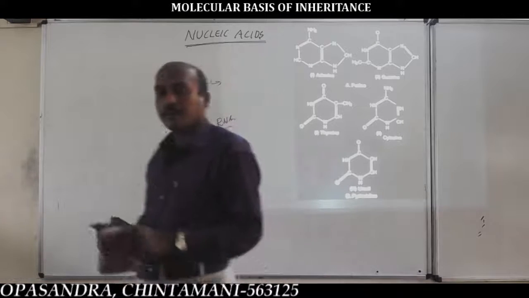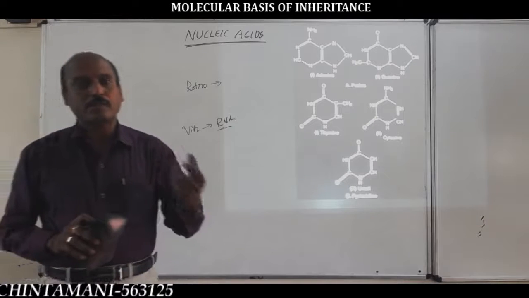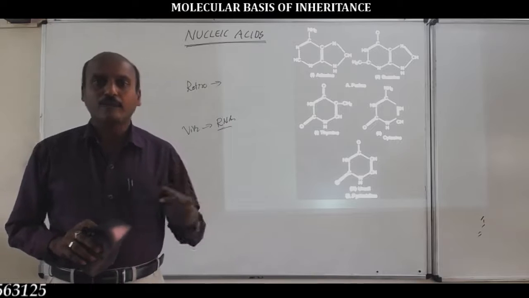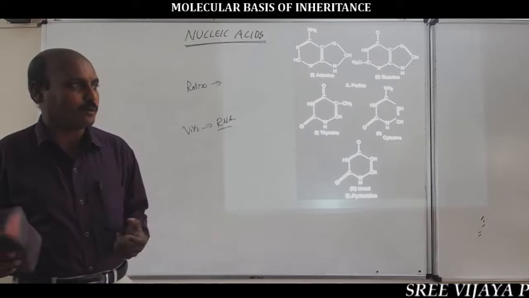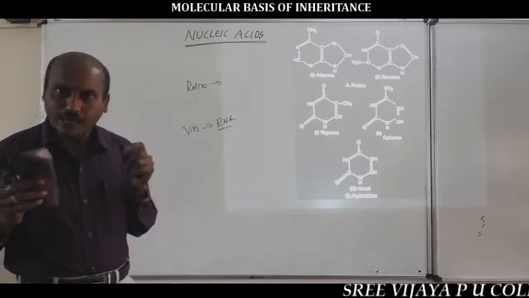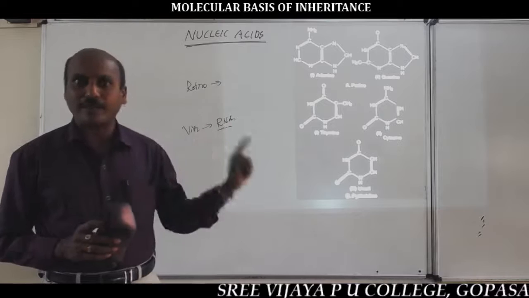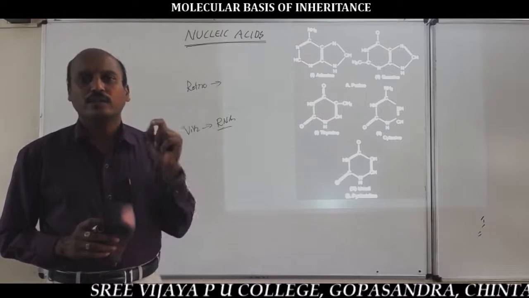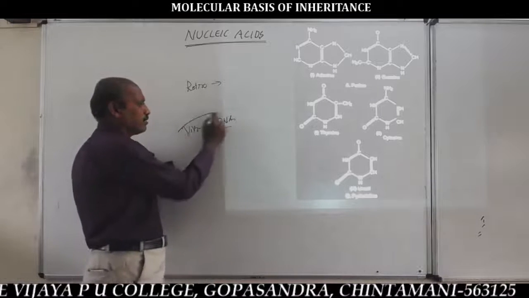Examples: tobacco mosaic virus, cauliflower mosaic virus, and also our present natural hazard, the COVID virus, is a type of RNA virus, including the HIV virus. These are some simple examples of retroviruses.